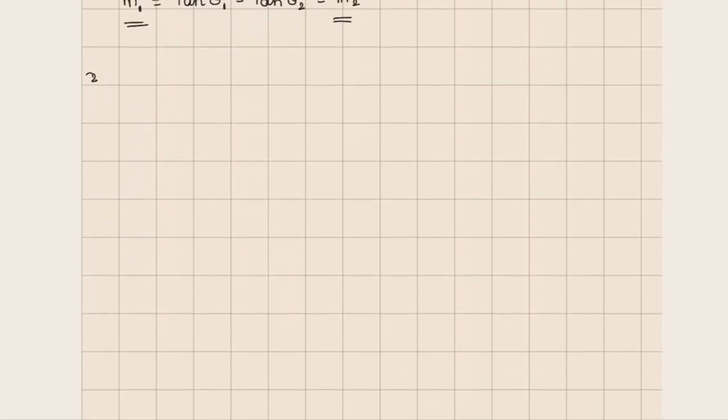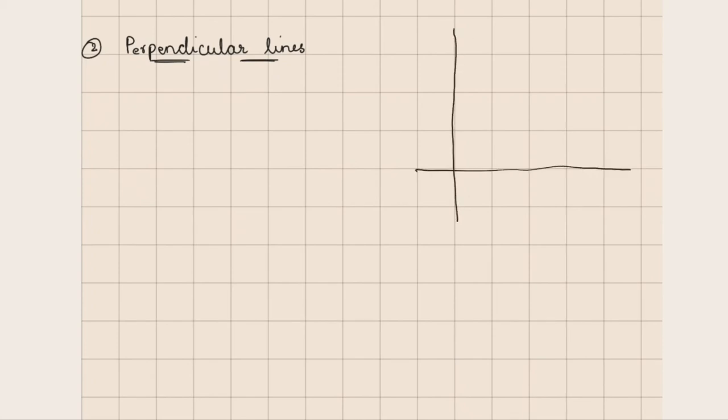Okay. The next condition is for perpendicular lines. What is meant by perpendicular lines? The angle between these two lines is 90 degrees. So this is the x-axis, this is the y-axis.